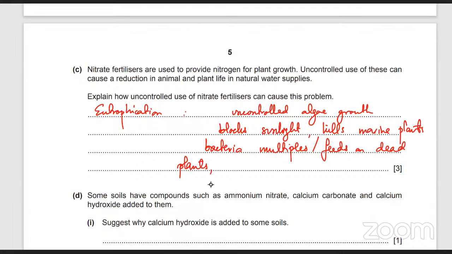Because of that, oxygen gets used up, and therefore your fish and marine life also start to die.